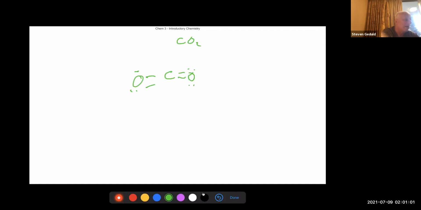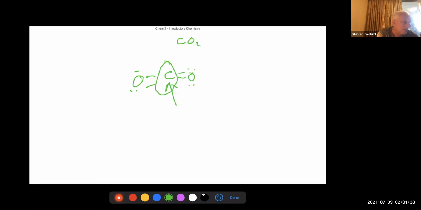If the central atom, because you have to do everything around one atom, has no non-bonding electron pairs, the electron geometry equals the molecular geometry. If this central atom has no dots around it, then the molecular geometry and the electron geometry are the same.